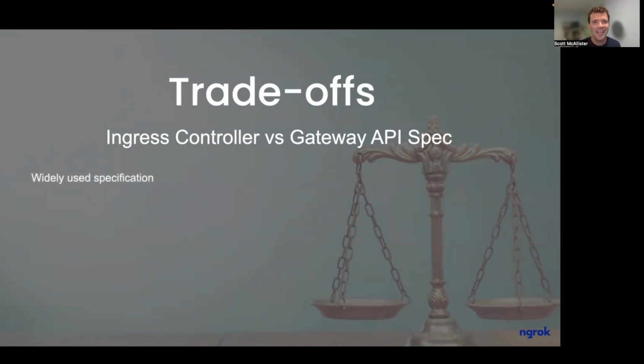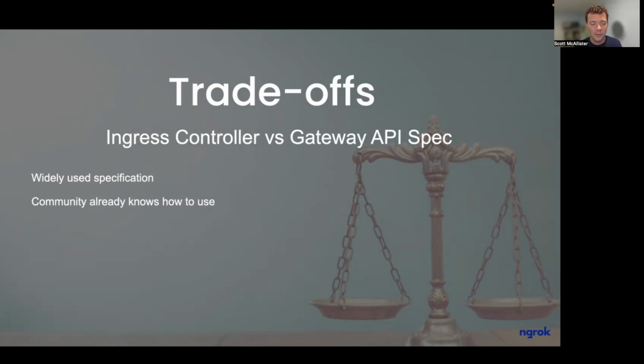The first is that it's the most widely used. If you look at the adoption rate, most users of Ingress in Kubernetes are using the Ingress specification and Ingress controllers, and not the Gateway API spec. It's commonly already known. People know how to use it. They know how to configure with it. It's something that not only do we know, but also the industry knows.